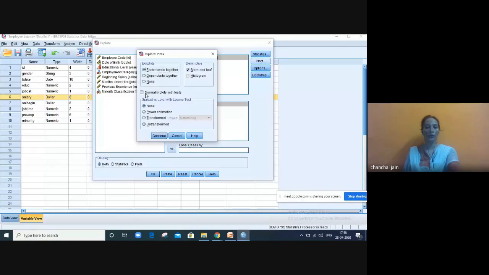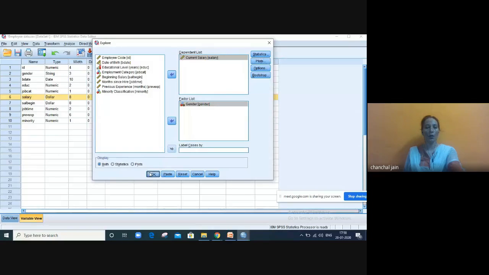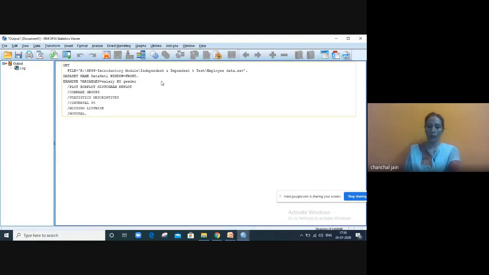It will give you the QQ plot, histogram, along with the Shapiro-Wilk test and the Kolmogorov-Smirnov test. You just need to click on this, and I am removing stem-and-leaf and clicking on histogram, and then click Continue and then OK. As you click on OK, you will be able to see the output.